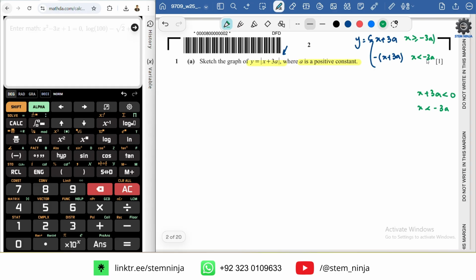Since a is a positive constant, that means negative 3a would be on the negative side. So alright, let's sketch the graph now.